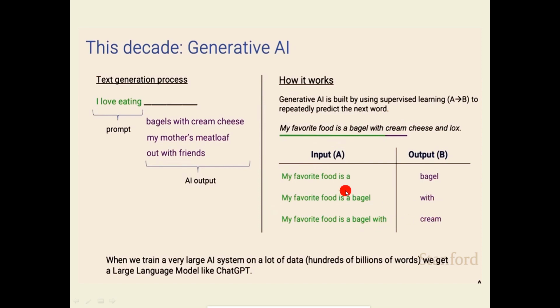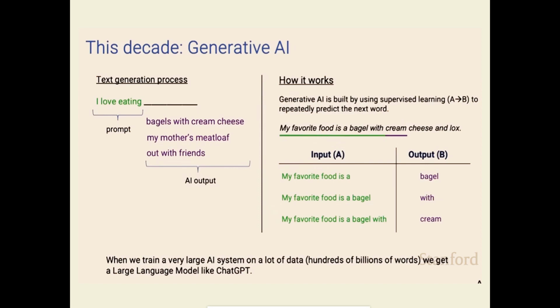So how is it training? It trains on each and every word. If you take the first word as the input, the second word is the output. Next, the first 2 words are the input, the third word is the output. Next, the first 3 words are the input, the fourth word is the output. Likewise it trains over all the data, billions of data.